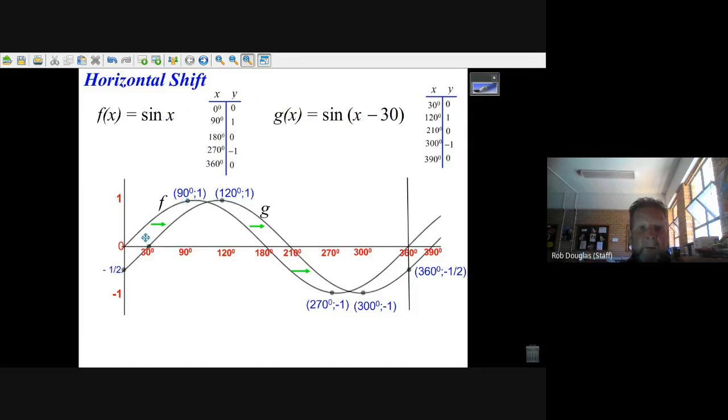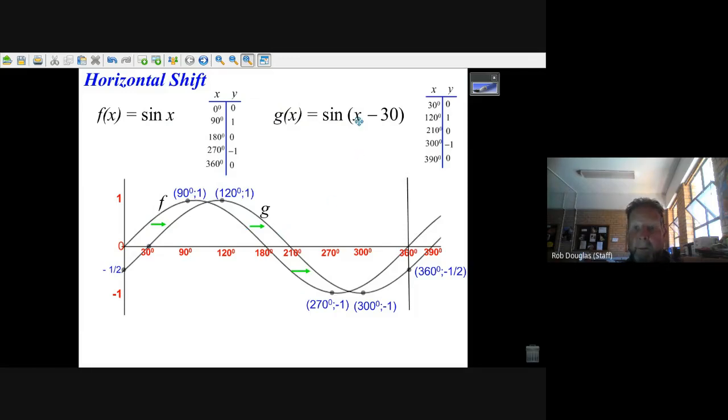So if I just move over 30 degrees, I should get the same answer. And if I move over 30 and get 120, 120 minus 30 would be the same as 90 degrees. In fact, every single point of the sine x function moves 30 degrees horizontally to the right.